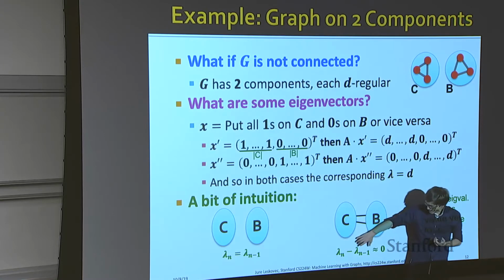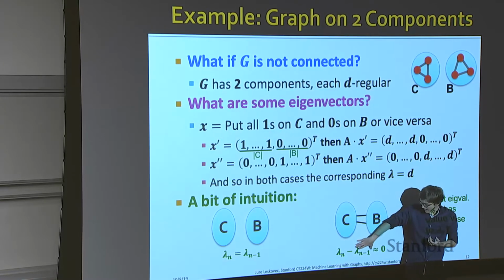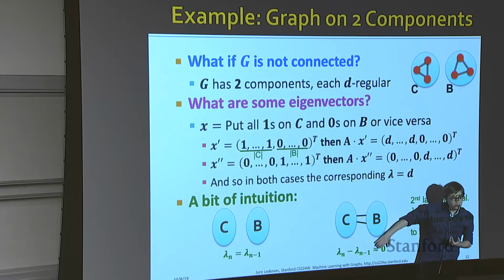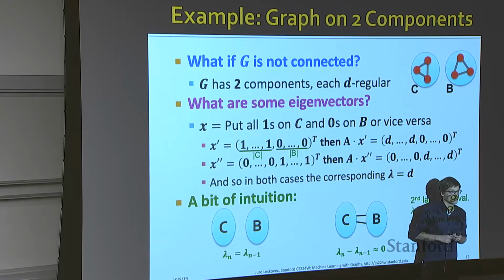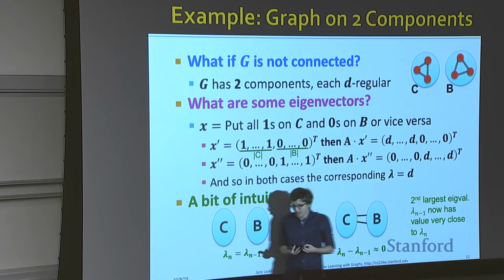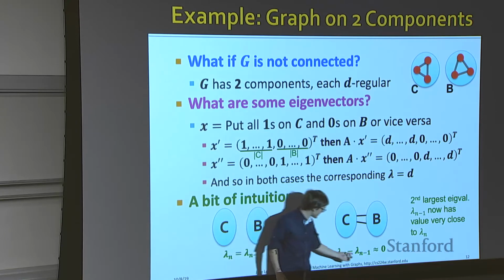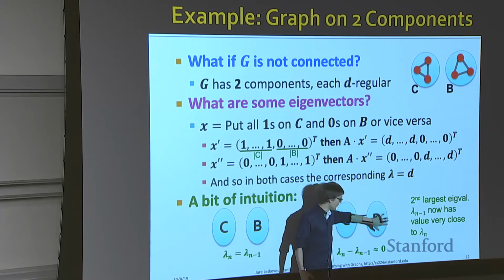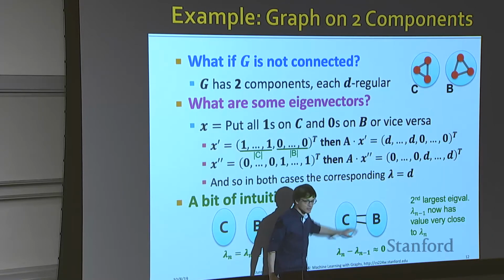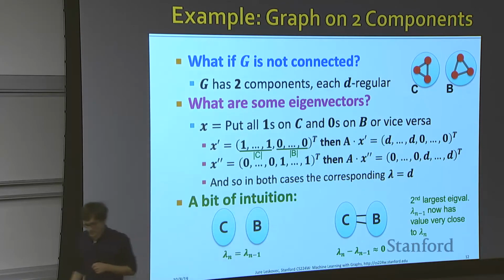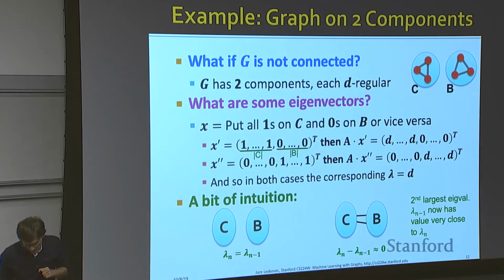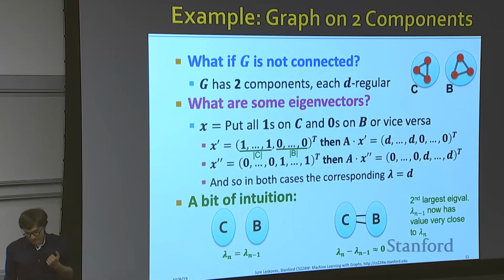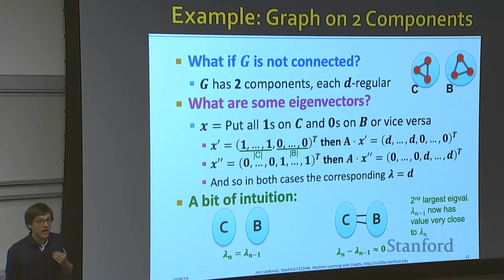The largest and the second largest eigenvalue will be very close together. So what this intuition indicates is that this second largest eigenvalue will tell us a lot about what nodes should be in the component B and what nodes should be in the component C. So that's the intuition, but there is still a long way to get there.